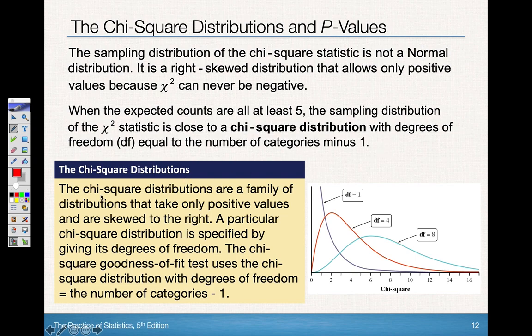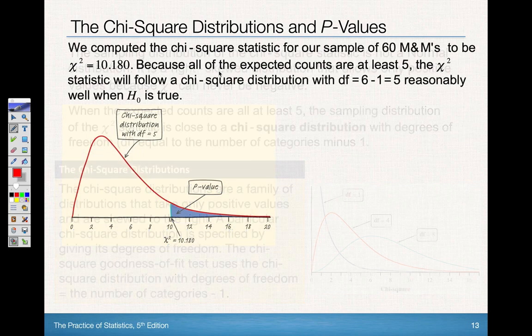The chi-square distribution is a family of distributions, just like a T-curve. You have our number of categories minus 1, and the curve goes from really steep, and then it kind of gets more and more closer to less right skewed as you increase the degrees of freedom. But it always is right skewed, always.